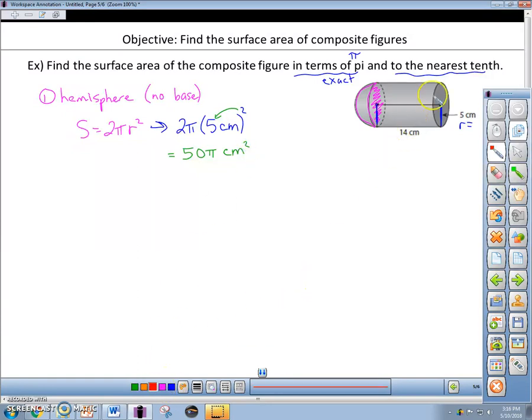All right, the rest of it, we have this circle, which is the bottom of the cylinder, and the side of the cylinder. Those are both outside surfaces. So we have the side of the cylinder, and one circular base.